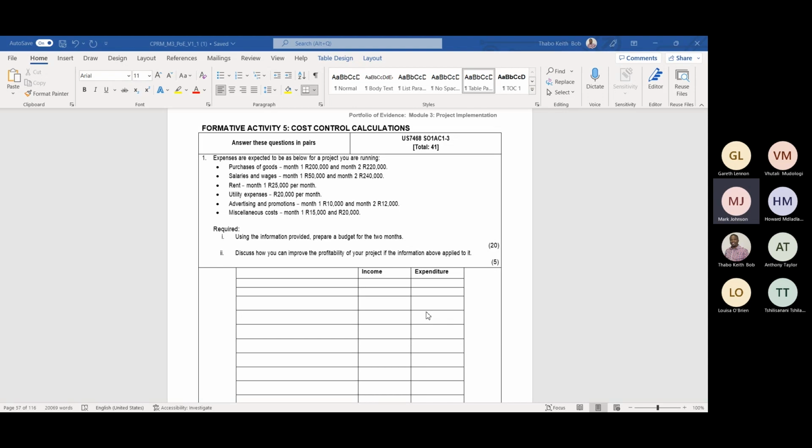You see, advertising gives you a breakdown: 10,000 for month 1, and month 2 was 12,000. This one just says month 1 is 15,000 and 20,000. Are we to assume that they forgot to say for month 2? You see, there's again open to interpretation. It depends how you interpret it.